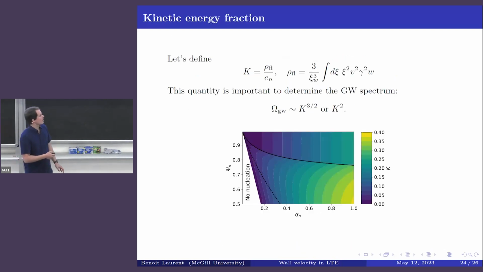And finally, I just wanted to talk about the spectrum of gravitational waves that we can also get from that. So here, a very important quantity is the kinetic energy fraction, K, which is essentially the ratio of kinetic energy that will be produced during the phase transition. And to get a large amount of gravitational waves, we need this K to be as large as possible. And again, we see that to get a high K, we need a high alpha, so a very strong phase transition.